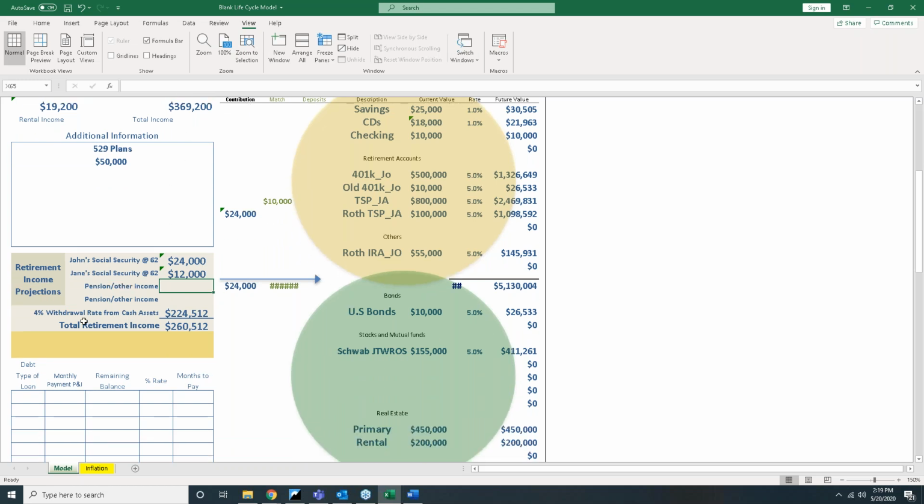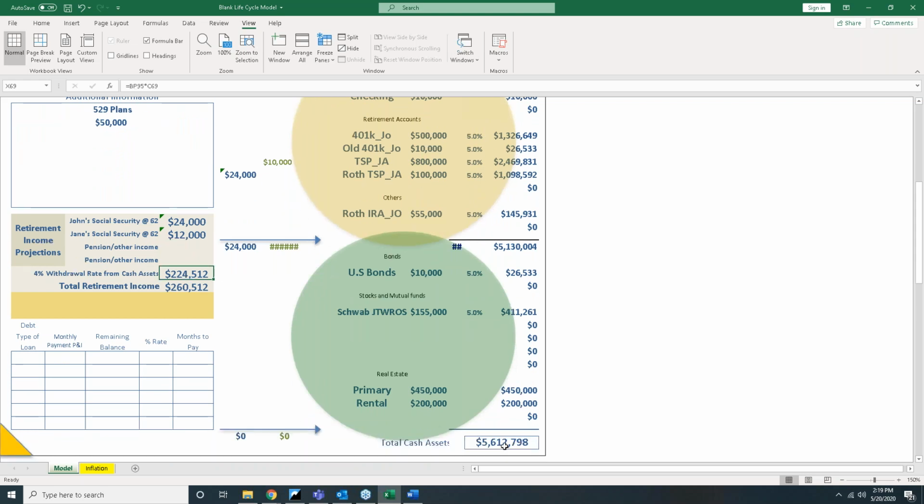Then this 4% withdrawal rate from cash assets is 4% of this total number here. This is how you get the total retirement income projection, which is what you would explain to the client: this is what you're looking at to get annually from your retirement when you retire.